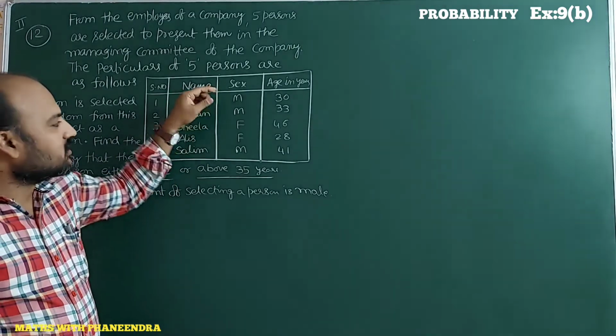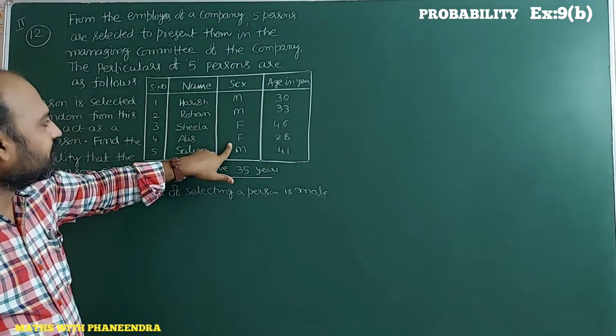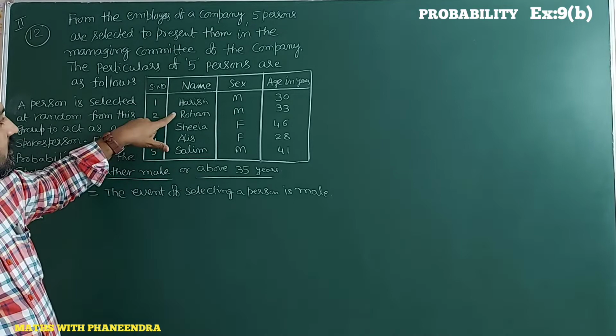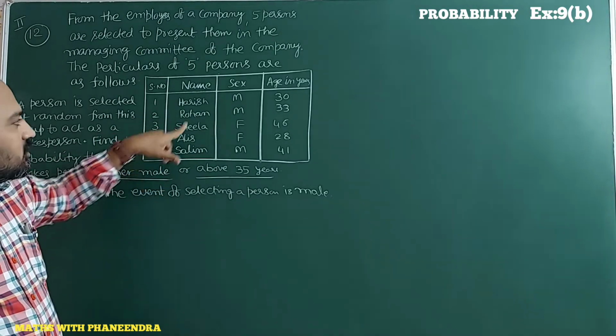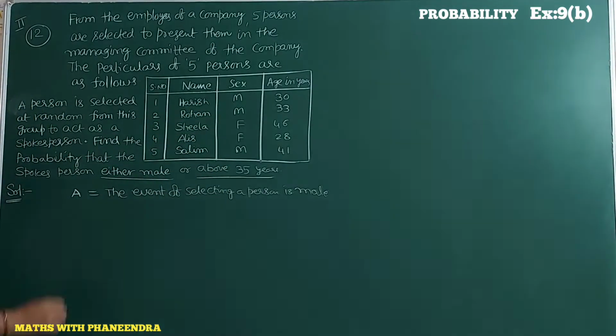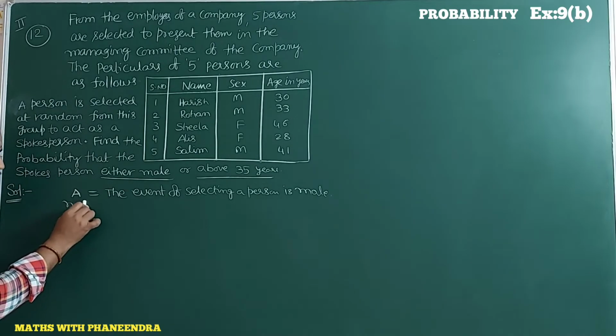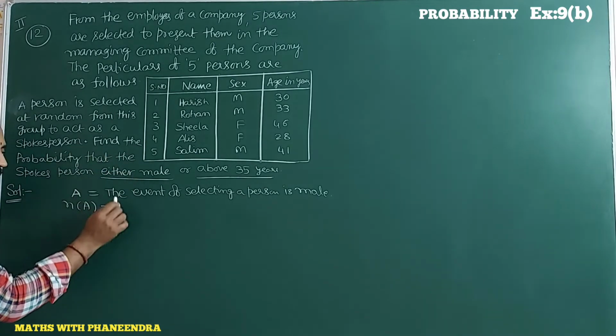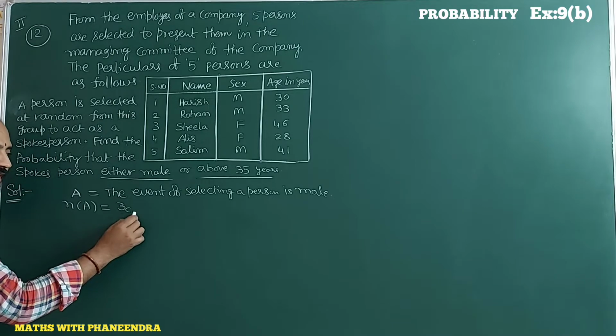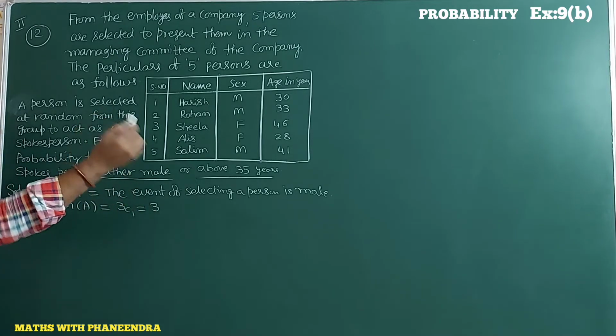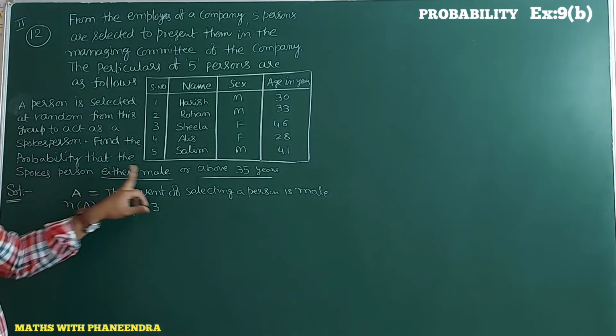How many male persons are there here? 1, 2, 3. Harish, Rohan and Salim. So 3 persons are there. So N of A is equal to, from these 3 persons, 1 person can be selected in 3C1 ways, therefore 3. So either a male is over.